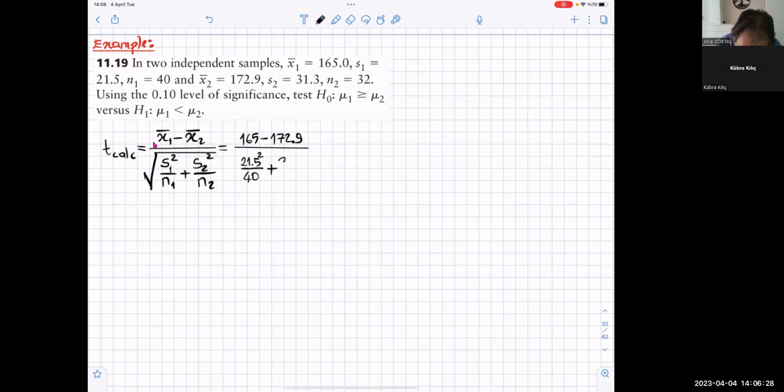S2 is 31.3 square divided by 32. And this is within the square root. Let me find out the result of this.